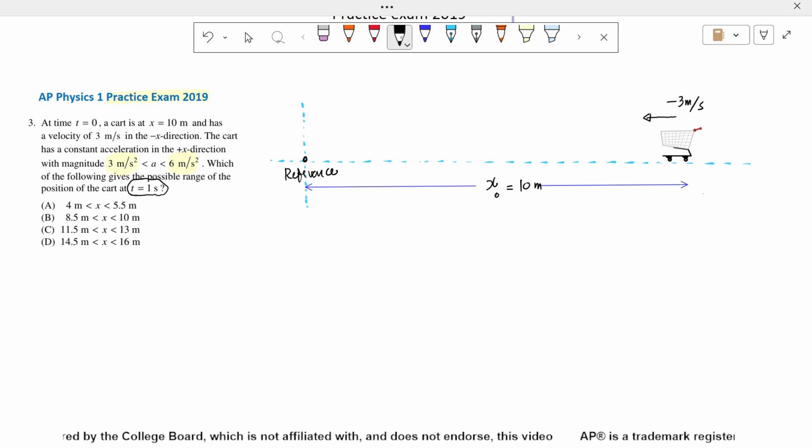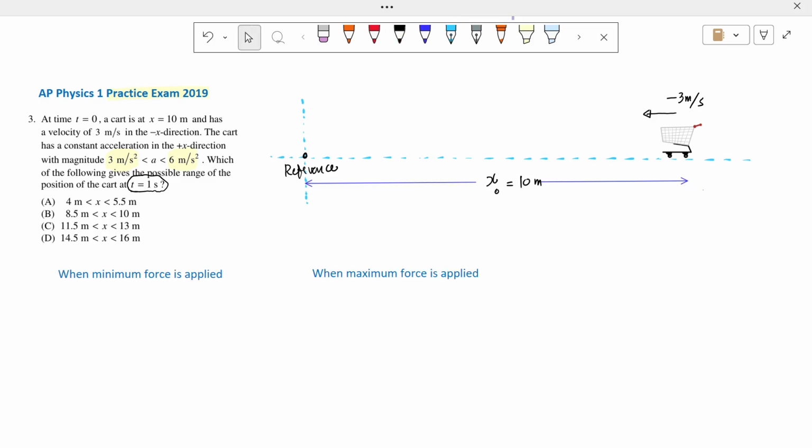So let's talk about the first scenario, when the minimum force is applied. That minimum force will cause the minimum acceleration, which is 3 meters per second squared. And remember, this acceleration is positive. In fact, the acceleration is not exactly 3, it will be more than 3, but we are taking the case that the minimum acceleration is 3, due to this force.